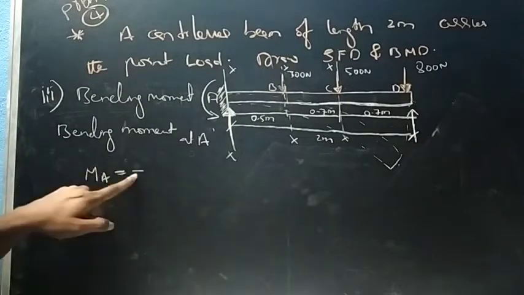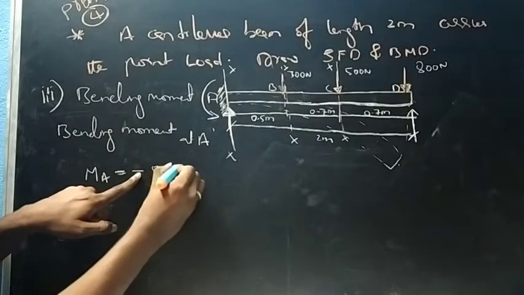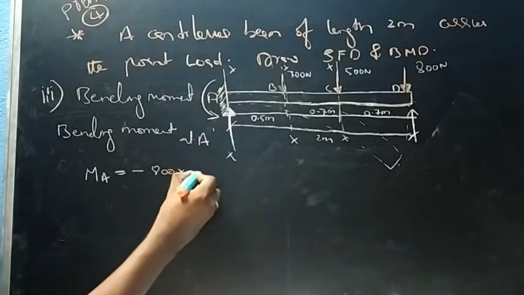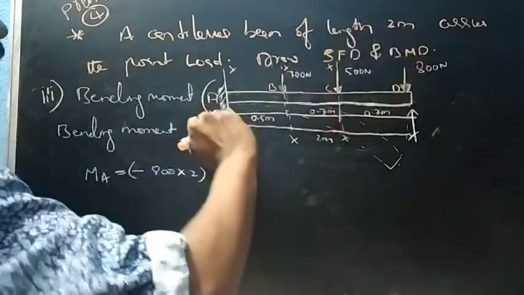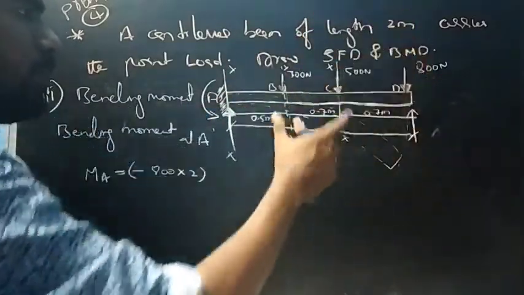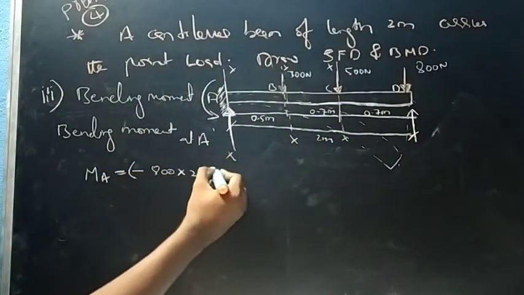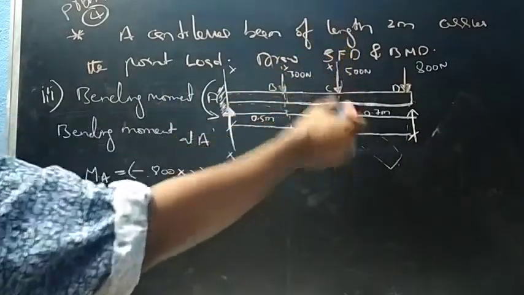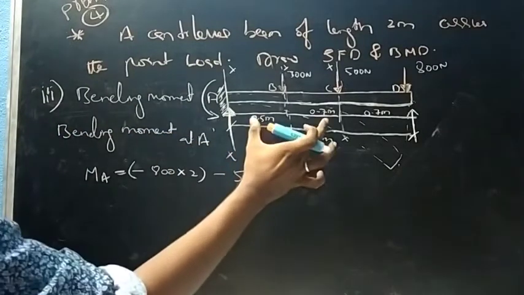MA equals to minus 800 into what is the total distance? 2 meters. So we know that moment is nothing but the load into perpendicular distance. Load into total perpendicular distance, that is 2 meters. Again minus, because again it will create the hogging moment. So 500 into what is the distance?